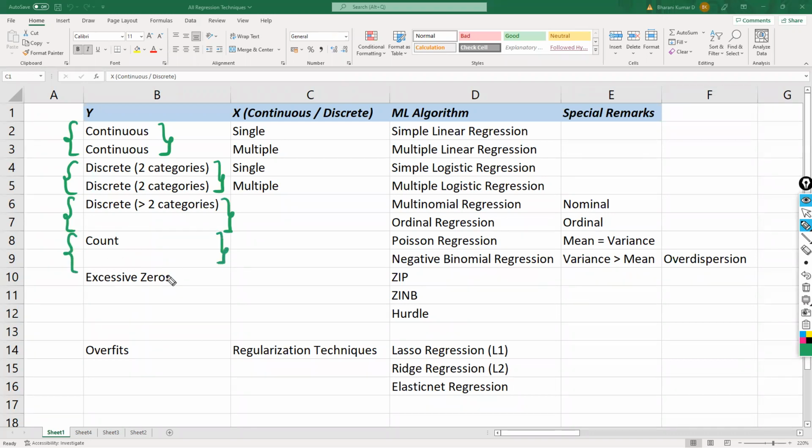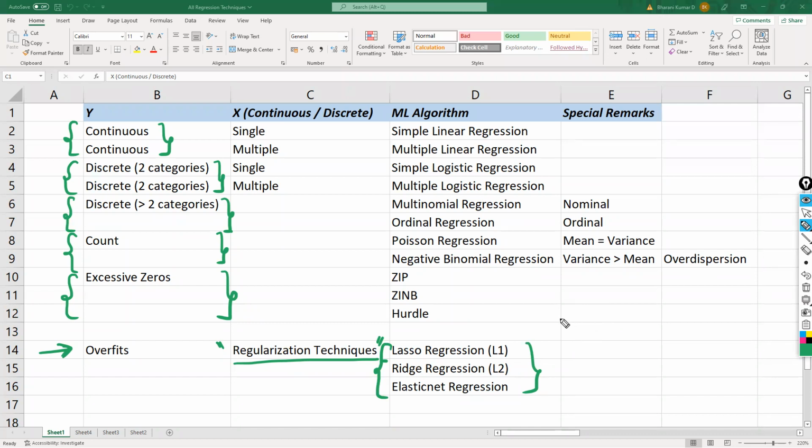When you have count, what do you do? If in the count you have too many zeros, what do you do? And if your model overfits, how do I handle it? You have all these regression techniques at your disposal. So please use them judiciously and make the best use of them.